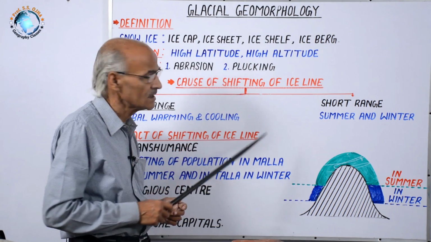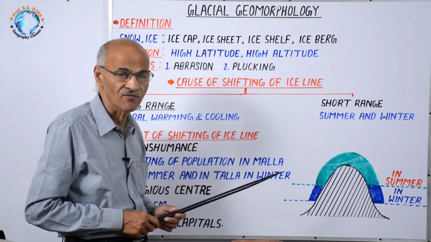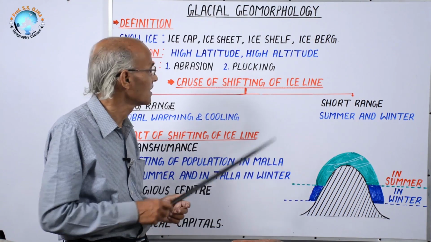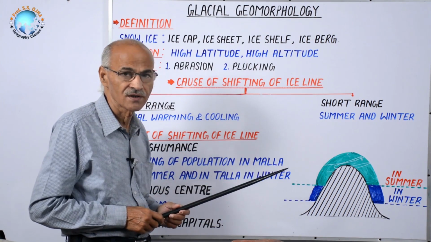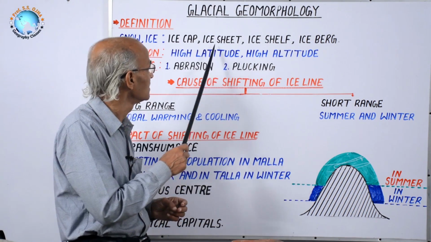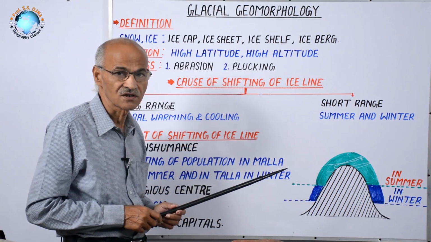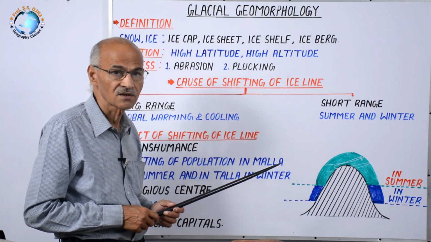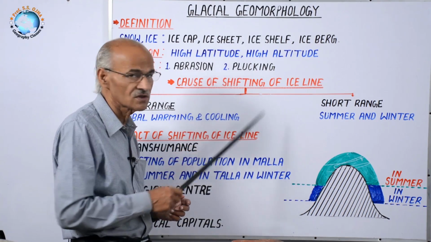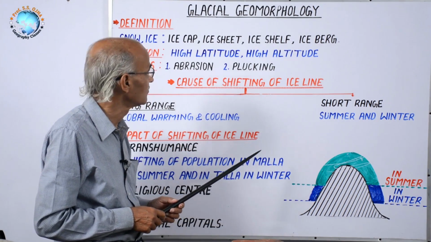Now come to ice sheet. Sheet means flat, plain. Over high plateau land like Tibet, it is ice sheet. It is thick. In Greenland, about 3 km thick ice sheet is found.